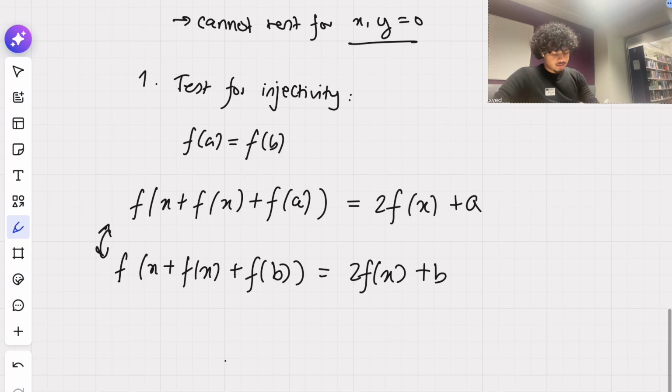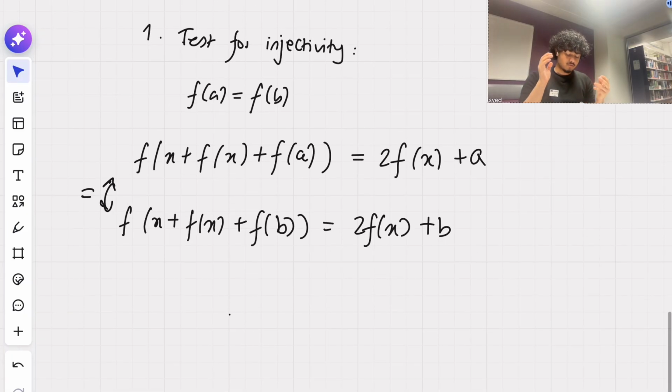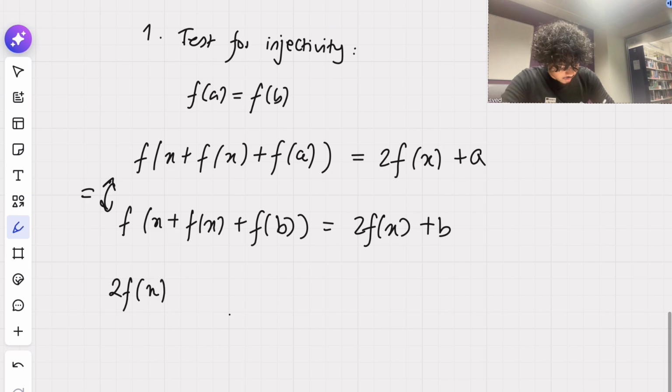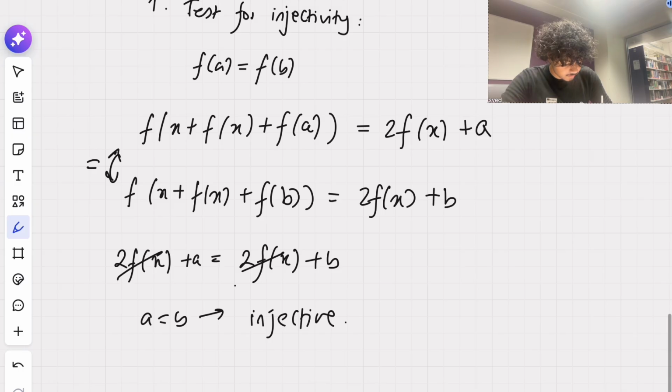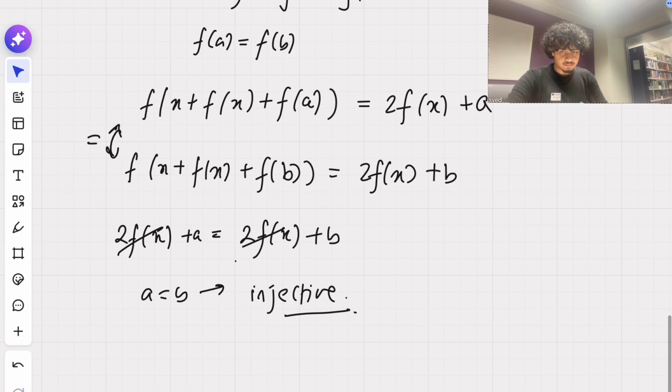Now notice that the left-hand sides are equal because f(a) is equal to f(b). Because those two are equal, we can equate the right-hand sides. So 2f(x + a) equals 2f(x + b). Cancelling out the 2f, we get that a equals b. So this is injective. We've proven that.